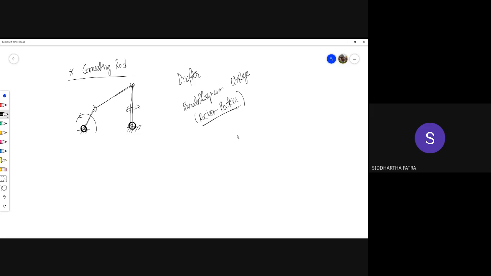For example, if you take a bus to your workplace, then you know that during this monsoon season, if you ever get to sit in one of the front row seats, you will notice the wiper of the bus. The wiper actually acts like this. So the wiping part would be attached to this rocker. Of course, it would be actually inverted. Okay, and the crank is this small link that is attached to a motor.